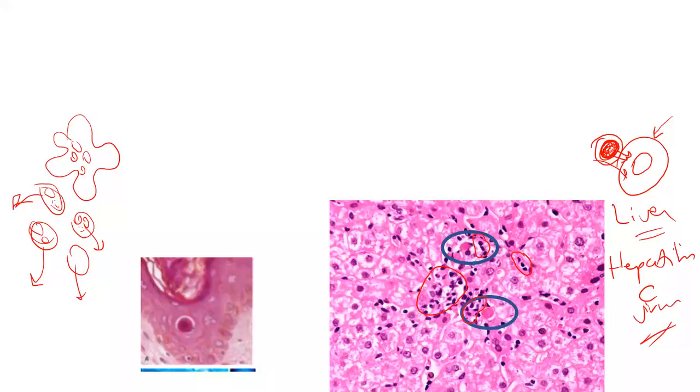This cell will have what? It will be shrunken. Apoptosis leads to shrinkage of the cell with increase in the cytoplasmic eosinophilia, pycnosis or karyorrhexis, and then the cell will disappear. Look at this. This is a cell, okay, here, and this is another cell. If you compare this cell to the hepatocytes, it is much smaller in size, leaving a halo. So it is shrunken.